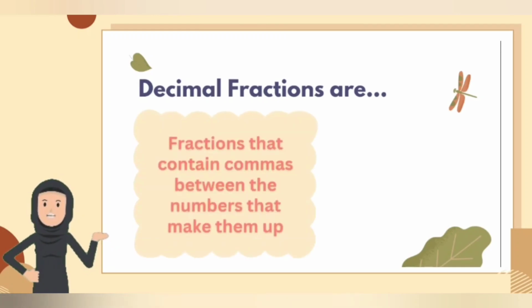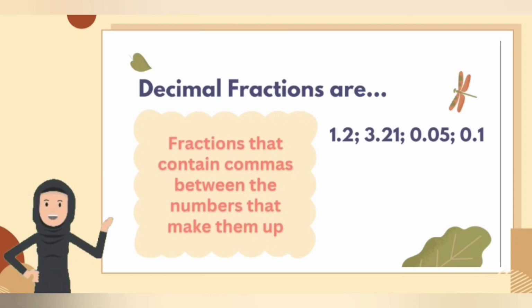Decimal fractions are fractions that contain a decimal point between the numbers that make them up. Examples are 1.2, 3.21, 0.05, 0.1, and so on. This form is obtained from the result of dividing the numerator by the denominator.